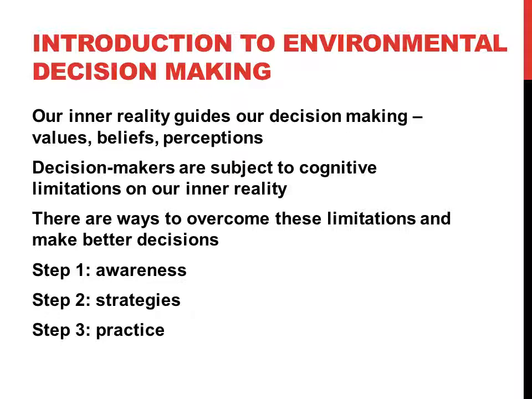The first step is to be aware of what these limitations are, what the biases are. The second is to implement an appropriate strategy that results in a more objective and inclusive process. And then the third step is to practice that strategy. Eventually what you want to do as a decision maker is design your own internal choice architecture, something that you will use time and time again.